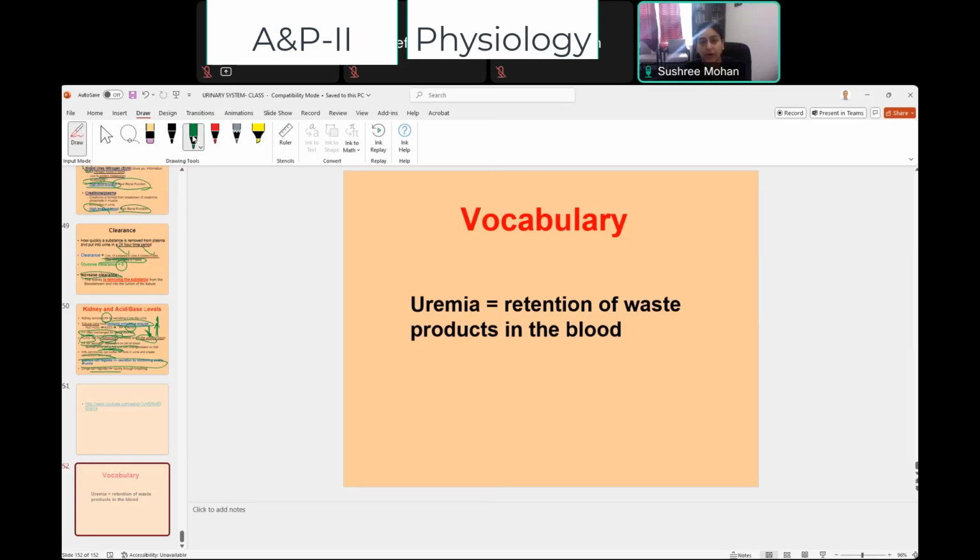Now, we talked also about the hormones that play an important role. We talked about renin, how it converts angiotensinogen into angiotensin 1, and then converts angiotensin 1, inactive, into angiotensin 2, active, in the lungs with the help of the ACE enzyme, angiotensin converting enzyme. Angiotensin 2 goes and acts on the adrenal gland, producing the aldosterone hormone.